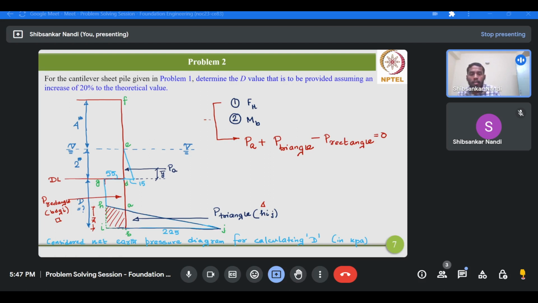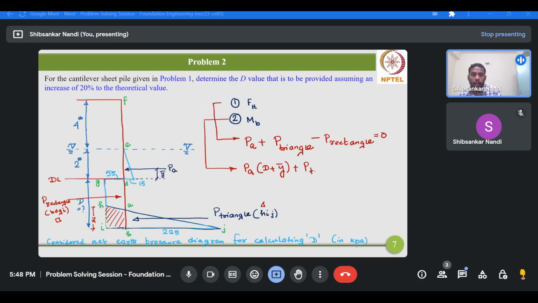Now, considering this equation 2, what will be the moment equilibrium equation about the base of the wall? It will be PA multiplied by D plus Y bar. So D plus Y bar is the lever arm of the active earth pressure resultant PA from the base of the wall. The embedment depth is your D, and Y bar is measured from the dredge level. So D plus Y bar will give you the total lever arm from the base of the wall for resultant active earth pressure PA.